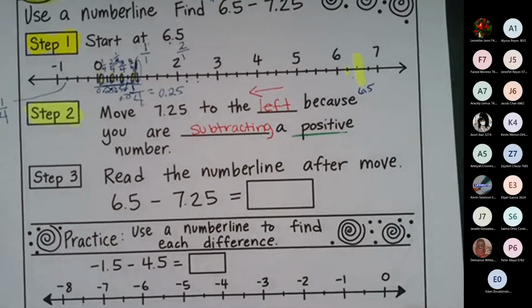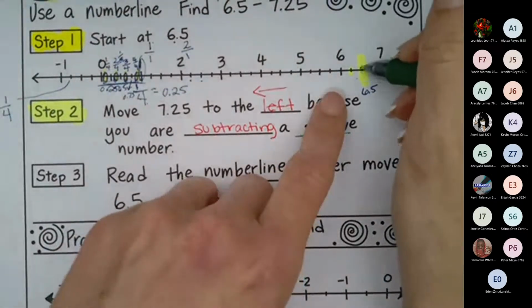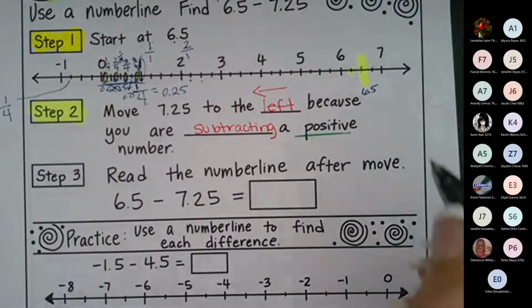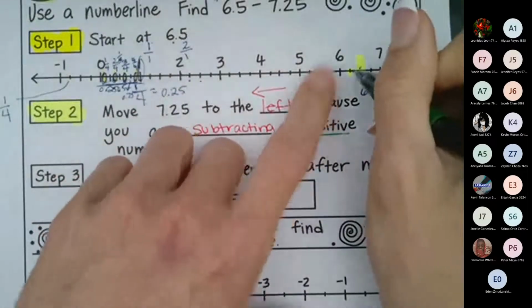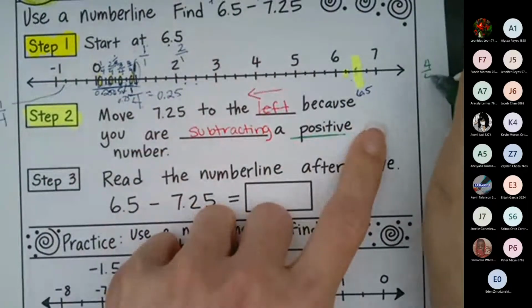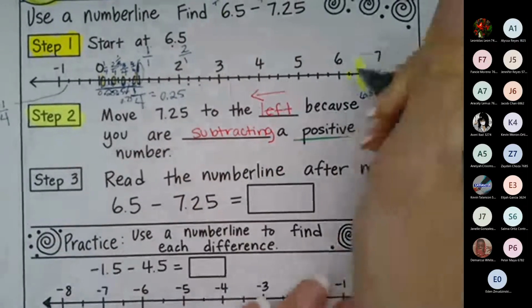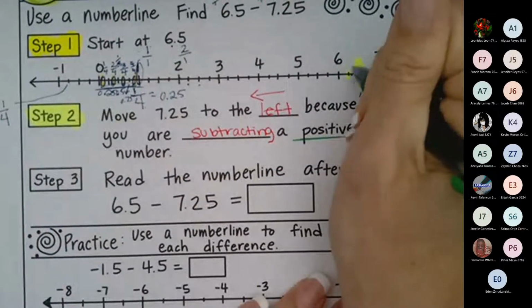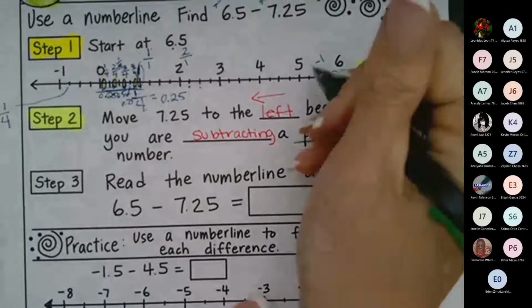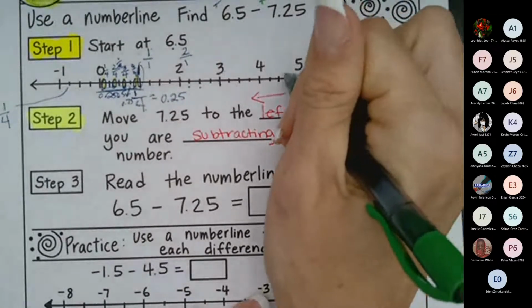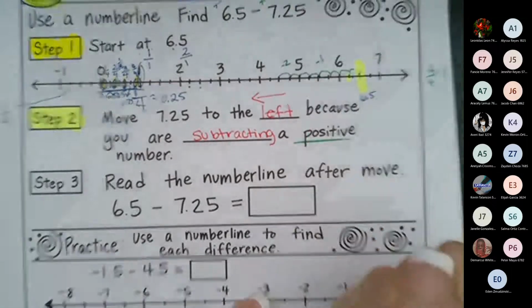So if I look here, I have my 6.5. I know that if I go 4 little lines over, that's going to be 1 whole, because 4 over 4 is equal to 1. So I'm going to go over 4 lines. I could go 1, 2, 3, 4. That's minus 1. 1, 2, 3, 4. That's minus 2.